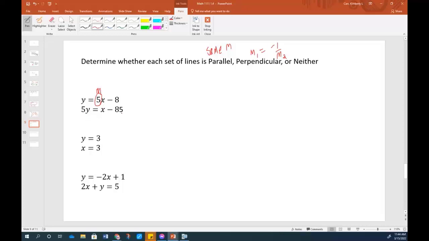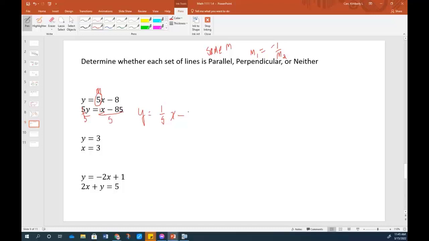But for this one, this is not in either one of our forms. So I'm going to get y by itself by dividing by 5. And so here it cancels, and the second equation becomes y equals 1/5 x minus, and then 85 divided by 5.